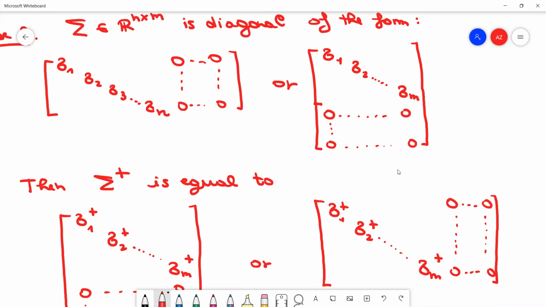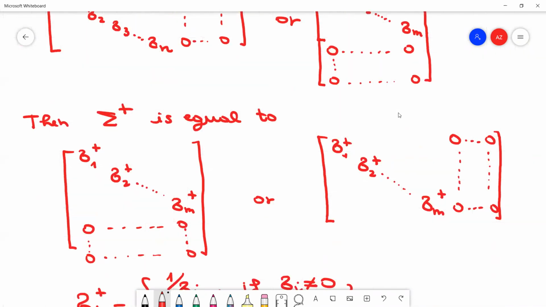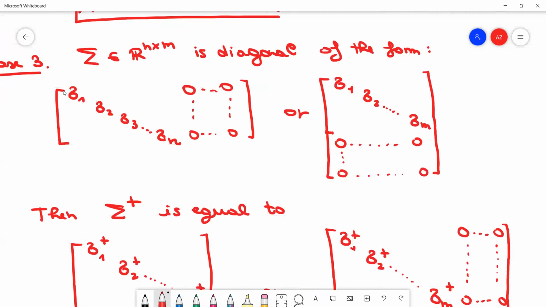So in the second case, it's okay, and here then the inverses also. The first should have n here. So here n, and here it's okay. Yeah, thank you for this observation. I didn't use the fact that sigma has n rows.